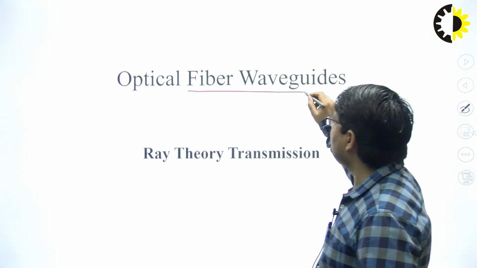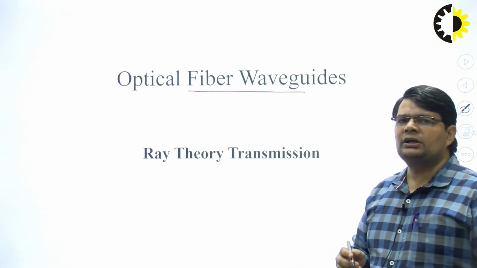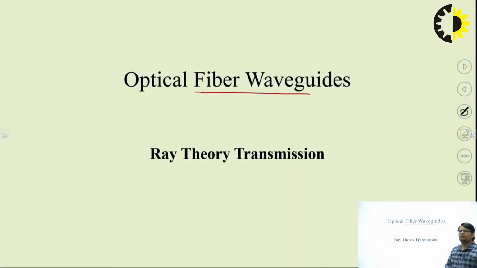Optical fiber waveguides. Optical fiber cables are also known as optical fiber waveguides. This is because of the similarity in structure and in working principle with the conventional waveguide. For example, both the optical fiber cable and the metallic waveguide are guided media.